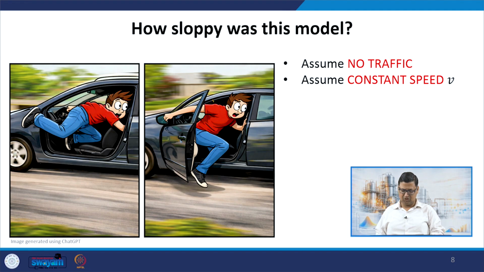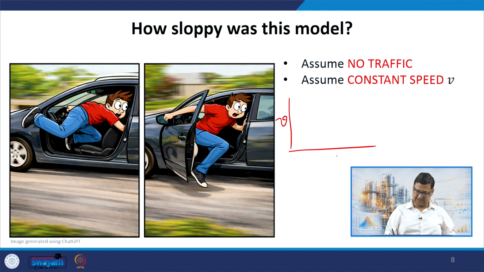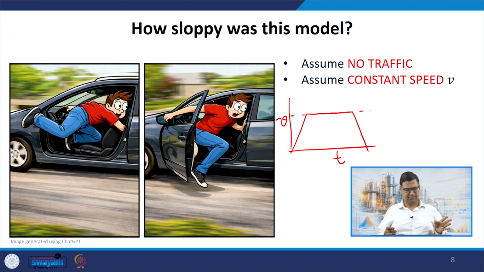And therefore, if I really think about my velocity versus time, it will never be constant like this. It may be something like going up, constant, and then going down, right. So, the fact that the velocity is not actually constant is definitely a flaw, right.